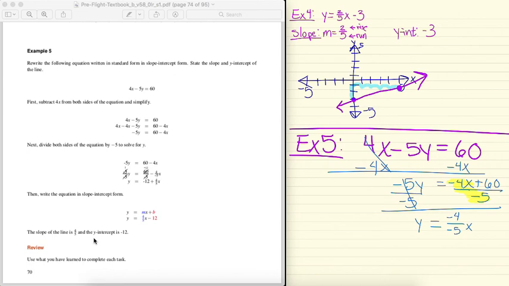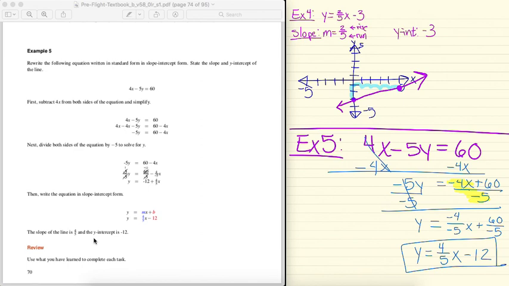Okay, then I have the 60 divided by negative 5 as well, like this. Doing a little bit of simplifying, whenever we have a negative divided by a negative, that's really a positive. So I really have a positive 4 over 5x. 60 over negative 5 is negative 12. So I can really turn that into a minus 12. You could have also said plus a negative 12, and that would have been just as right.